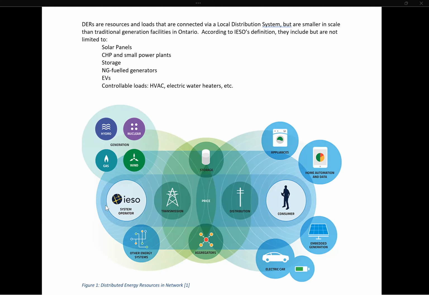And as this lovely picture shows, IESO doesn't just have this traditional large-scale generation: our hydroelectric plants, our nuclear facilities, our natural gas plants that go on and off and meet our peak, our renewable energies like wind and solar.